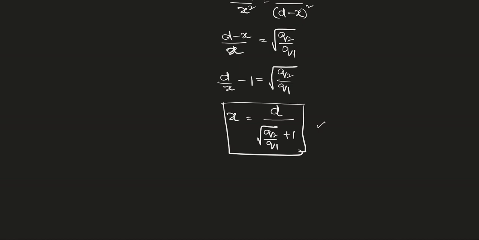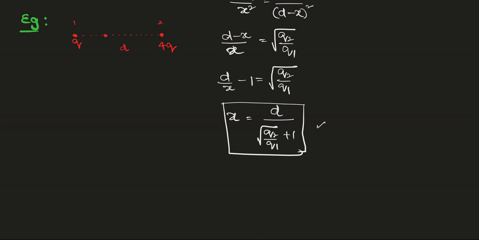You can expect some examples like this. Just look at this example. If two charges were there, one is having charge q and the other one is having charge 4q, separated by a distance d. What is location of null point from the smaller charge?